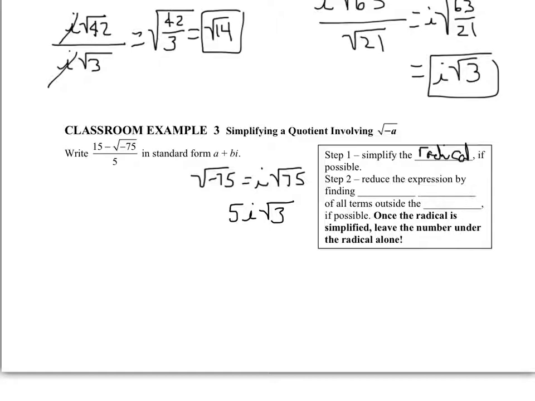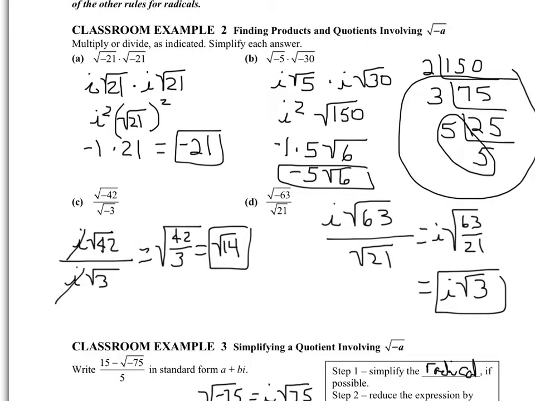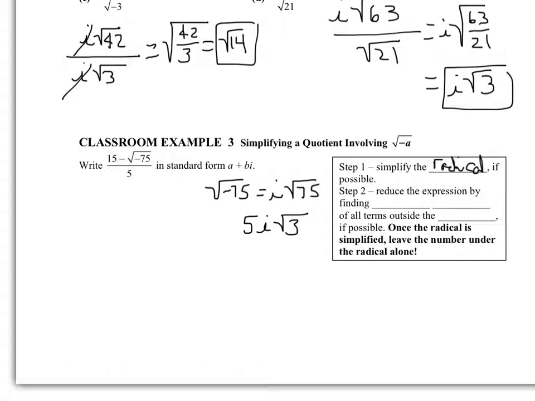So the square root of negative 75 becomes 5i square root of 3 because of this simplification up here. 5 times 5 times 3 was the factorization we had for 75.